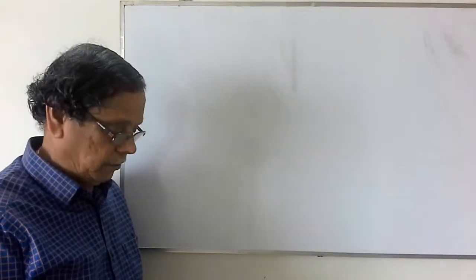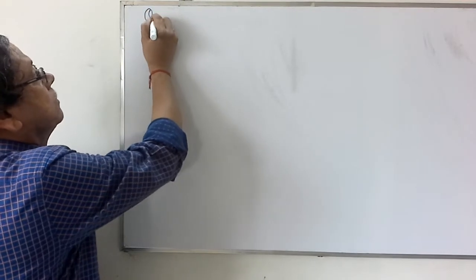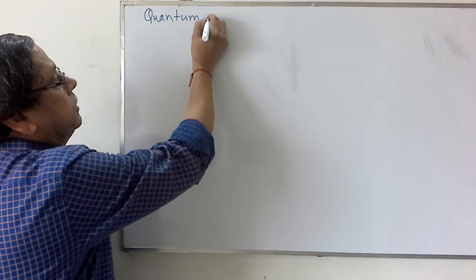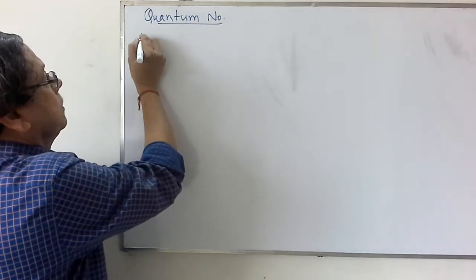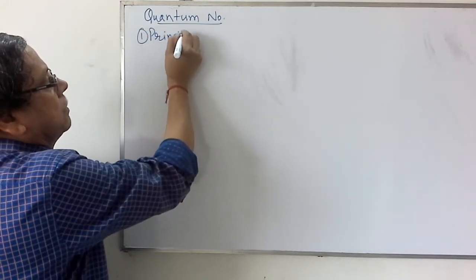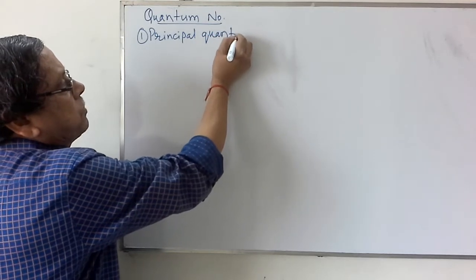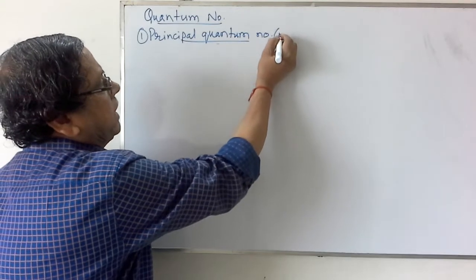Welcome back to the topic of these quantum numbers. So first let us study the quantum number that is called the principal quantum number. This principal quantum number is indicated with n.